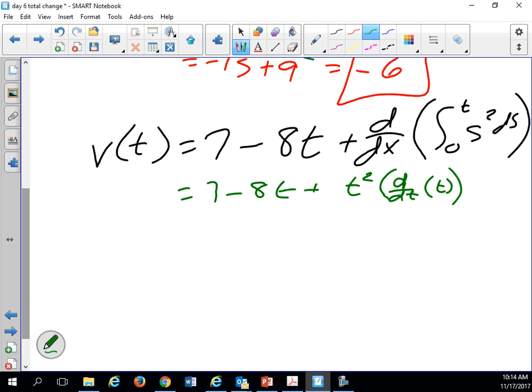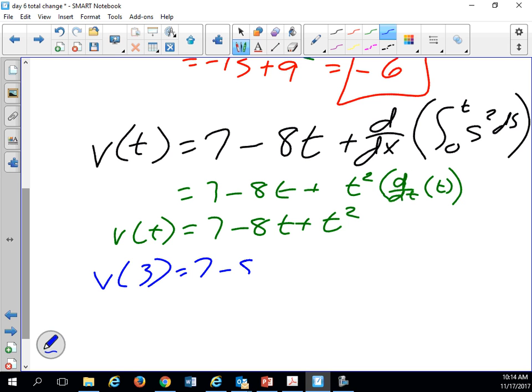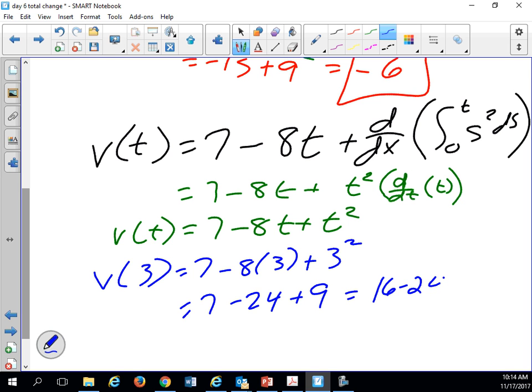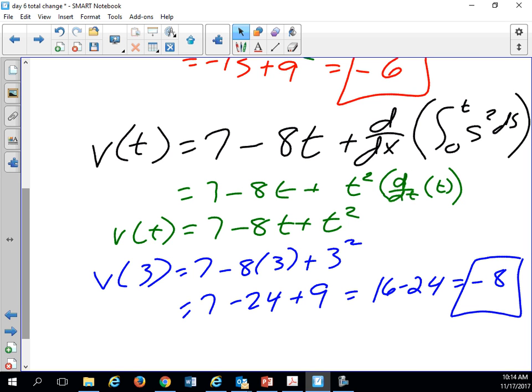What's the derivative of t? 1. So v of t is 7 minus 8t plus t squared. So v of 3 is 7 minus 8 times 3 plus 3 squared. 7 minus 24 plus 9. 16 minus 24 is negative 8. There's my velocity.